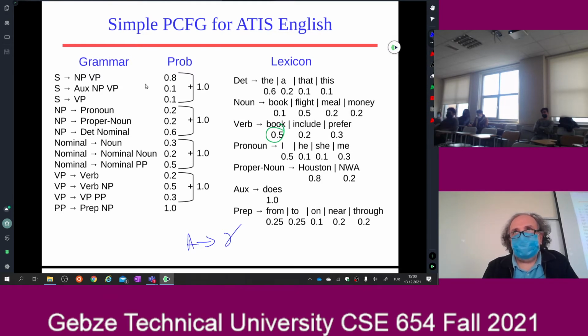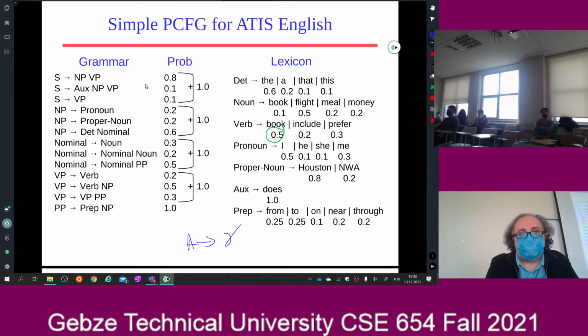So if I know this, I can assign probabilities to each parse tree. This is a very good way of addressing the ambiguity. You will say that this parse tree is ambiguous, but this is the most probable one.